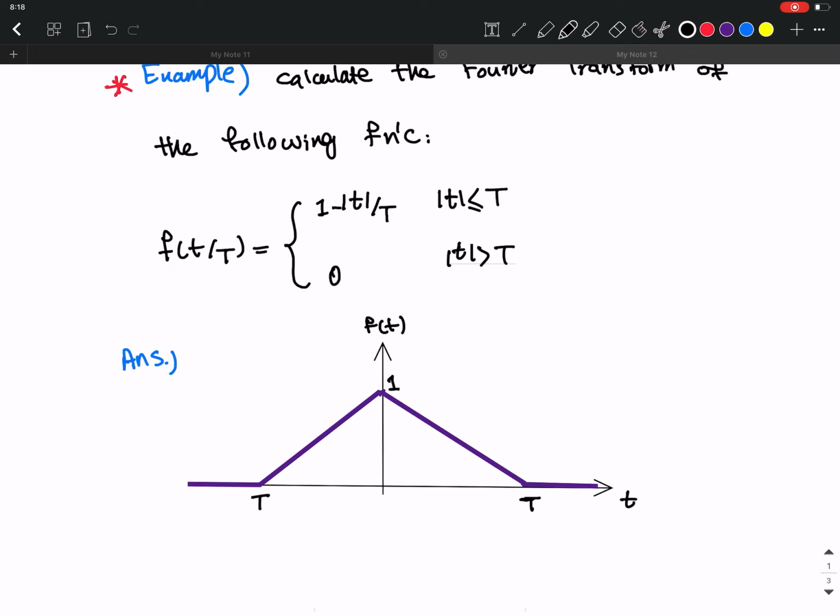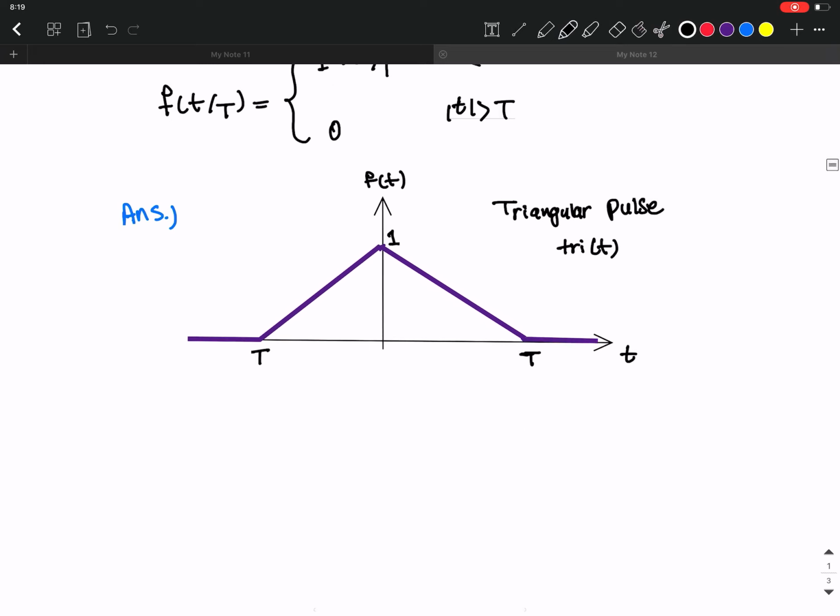So this is called a triangular pulse function, and we also show it with tri of t.